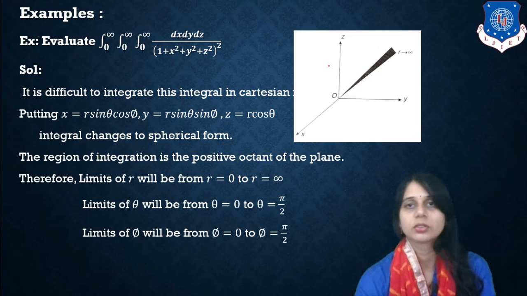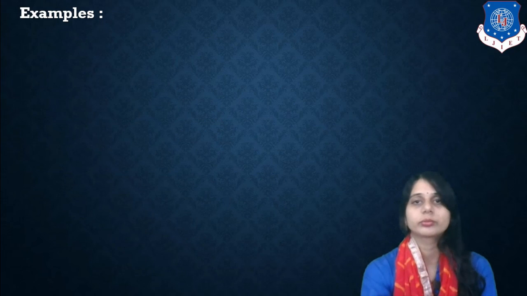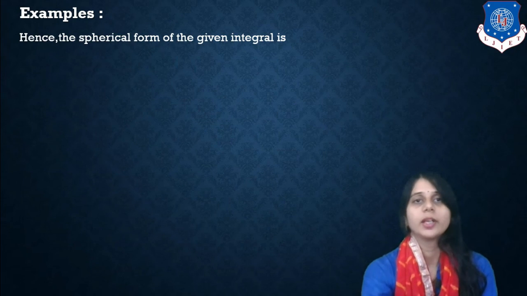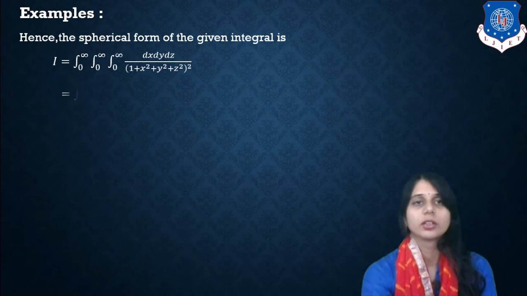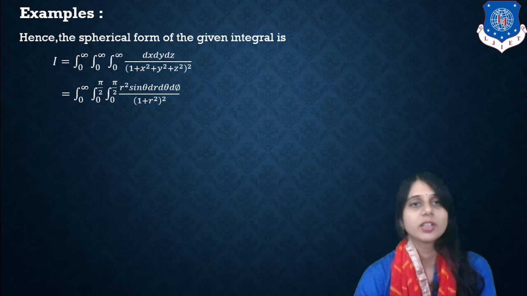In this three-dimensional space, we take r from 0 to infinity, theta from 0 to pi by 2 and phi from 0 to pi by 2. Hence the spherical coordinate form of the integral, dx dy dz, becomes r squared sin theta dr d theta d phi. For x squared plus y squared plus z squared, we write r squared, whole squared.